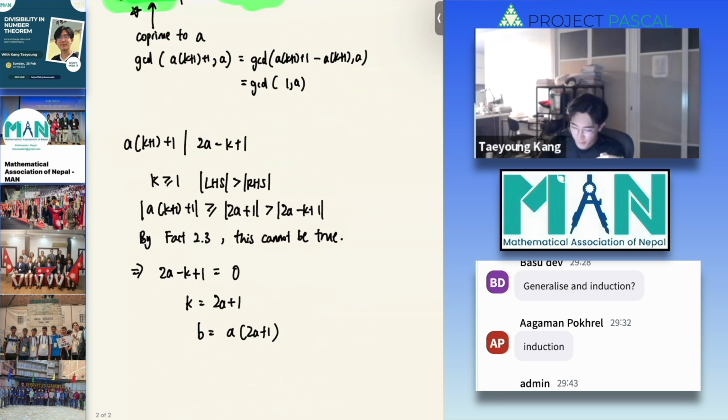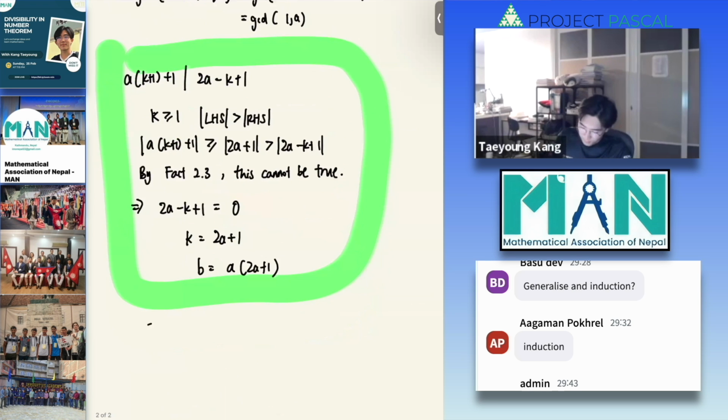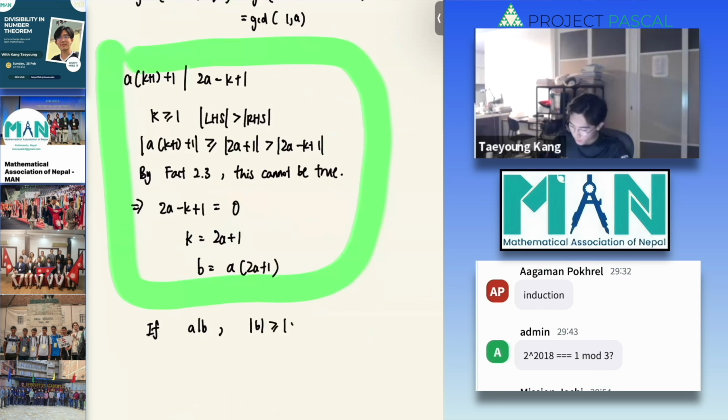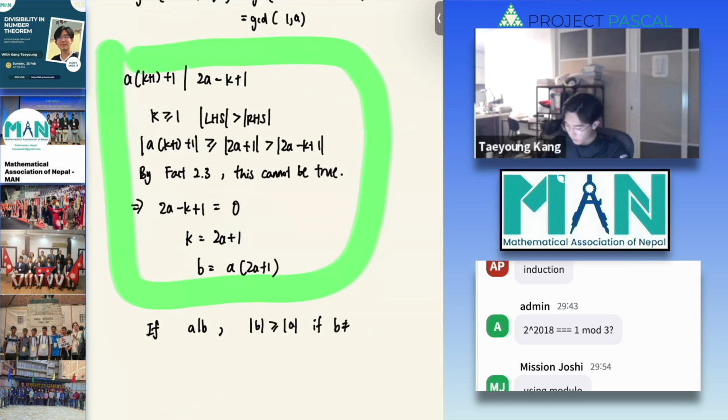And the remainder of the solution over here is an application of how you use size from fact 2 by 3. The fact that if a divides b, then the magnitude of b is larger than or equal to the magnitude of a, if b is not equal to 0.